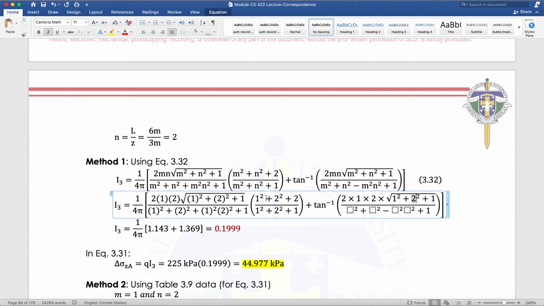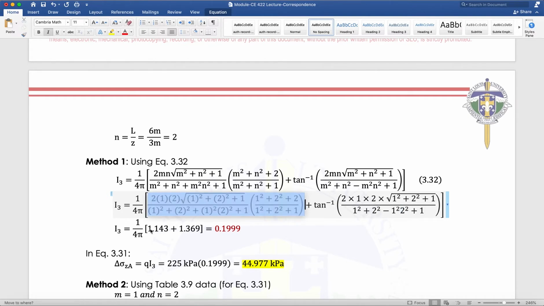Don't confuse here, the constant in the numerator is 2, and the constant in the denominator is 1. Okay? So here we have 1 squared plus 2 squared minus 1 squared times 2 squared plus 1. The first term here is equivalent to 1.143.